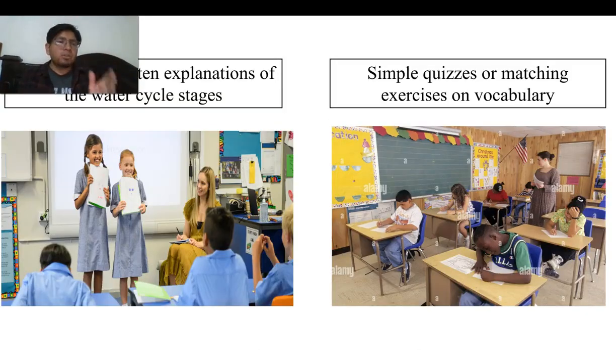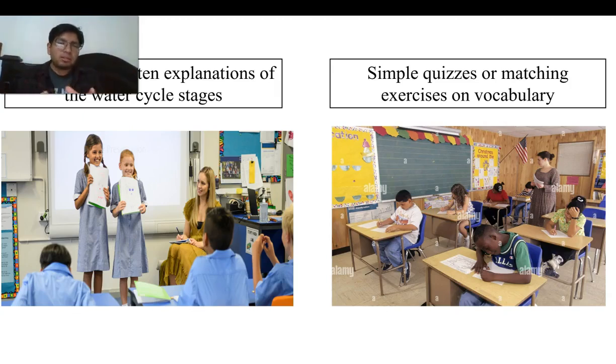And finally, assessment methods. I will conduct short oral and written explanations on the water cycle stages so that I can make sure that my students actually understand each stage and what each of them does.